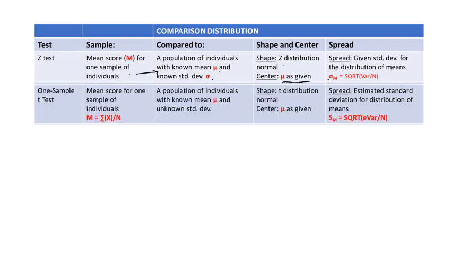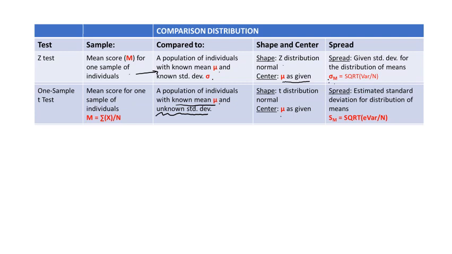Then we went on and we did the one sample t-test. In this test, we once again were comparing the mean for one sample of individuals with a population with a known mean mu given in the problem, but unknown standard deviation. We had to use the t-distribution, normal and based on degrees of freedom, and the mu would be given in the problem.